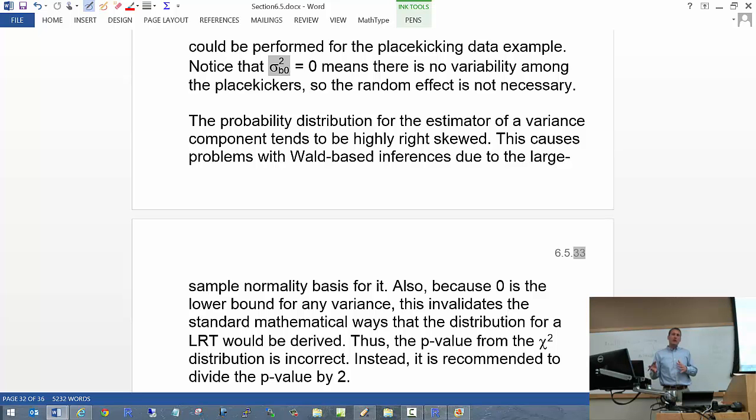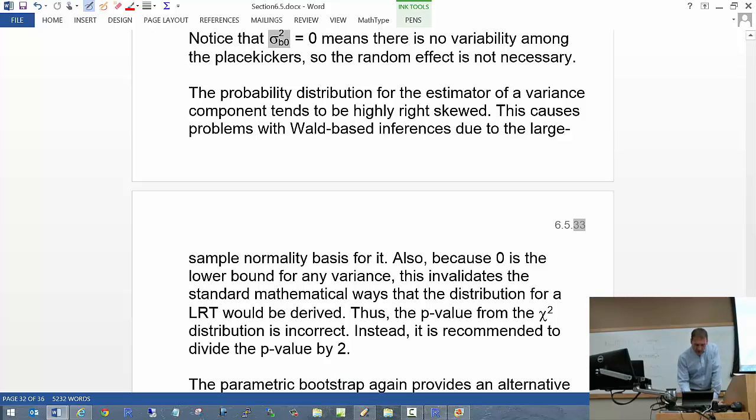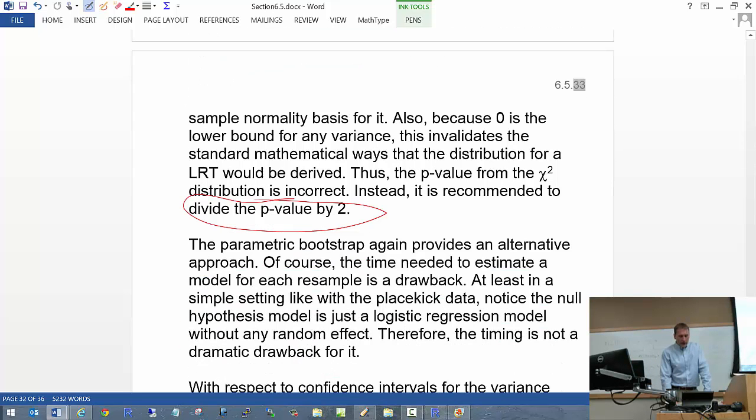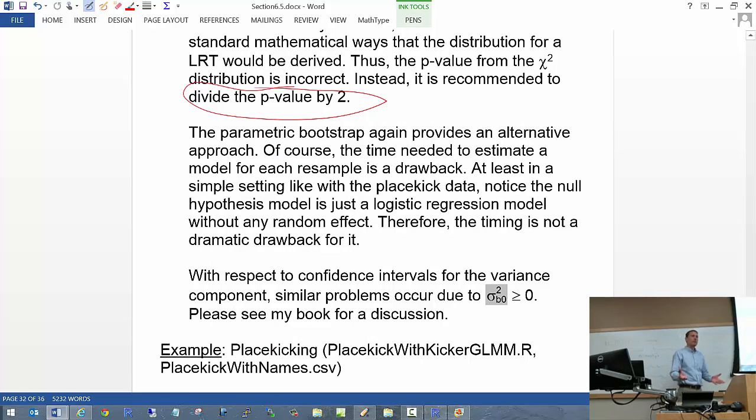Instead, what has been shown to work well is to simply divide the p-value by 2. So use a chi-square 1 approximation, divide the p-value by 2. Simply implement. We can also use the bootstrap procedure too.